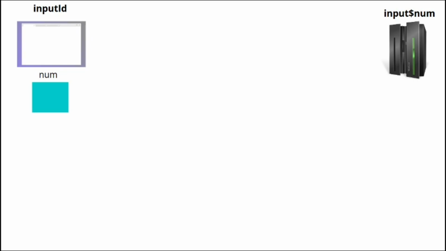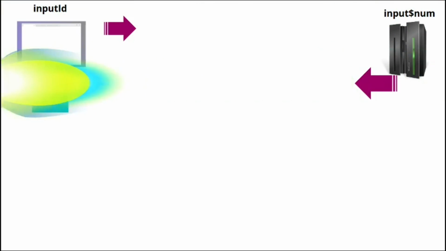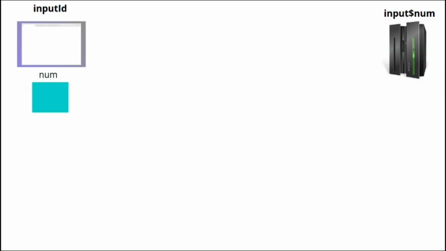So I am giving the num variable here. Whenever you put the input to the num variable, it sends the request to the server. Then the server responds to the browser. You again give the request to the server, then the server responds to the browser. That is how reactive works.